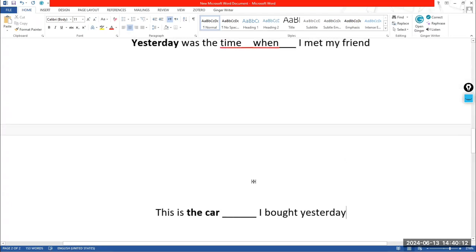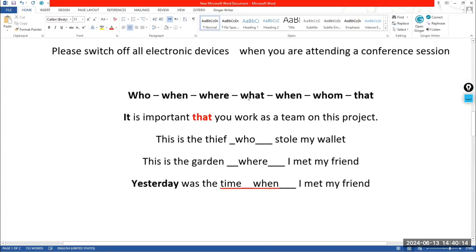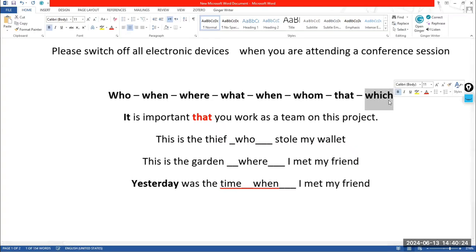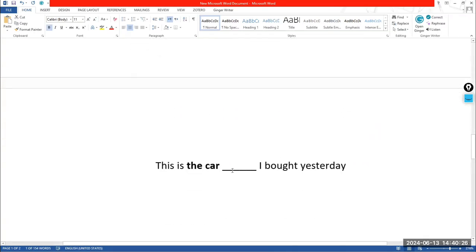Because it is a thing, I have to use that or which. With things, Ali, you have to use maybe that or which. This is the car that I bought yesterday. This is the car which I bought yesterday. Why? Because the car is a thing.